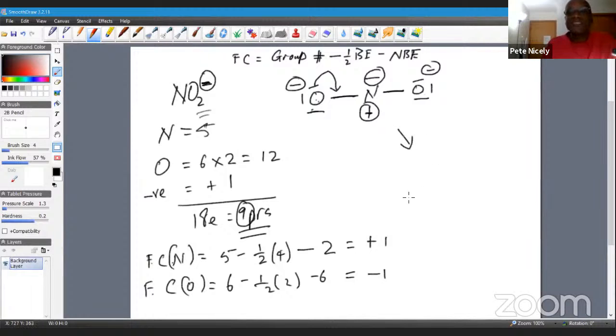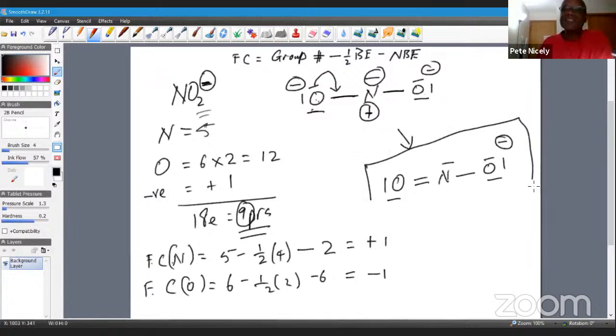So in this case, the final answer is going to be O, and then you have 2 lone pairs. You have a double bond, you have N, you have a lone pair here, and you have single bond here, and then this oxygen will still have a negative charge. So this would be the final answer for the Lewis structure of the nitrite ion, all right?